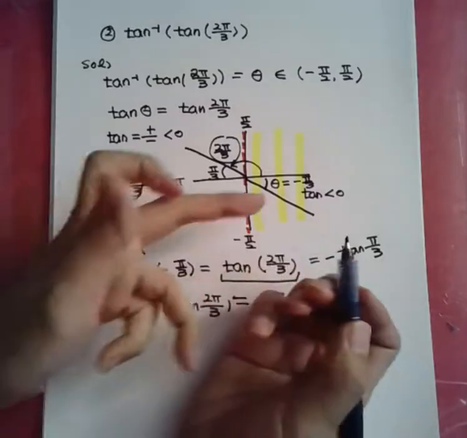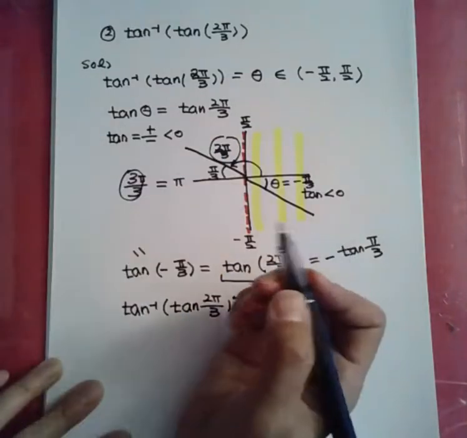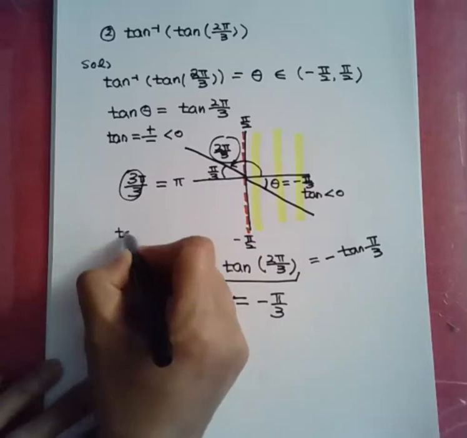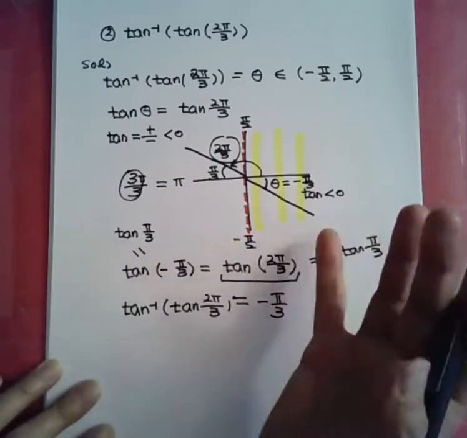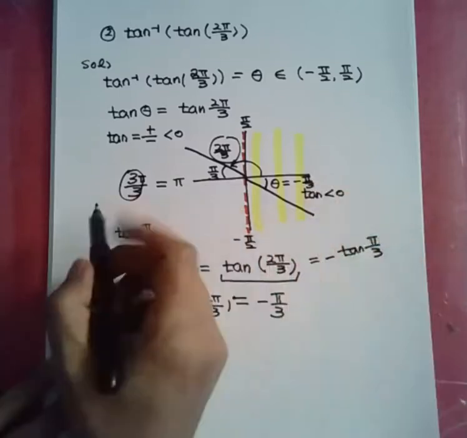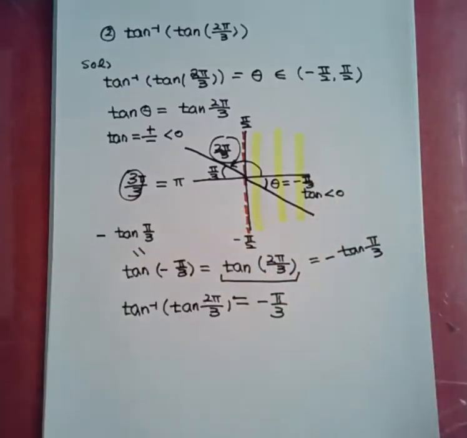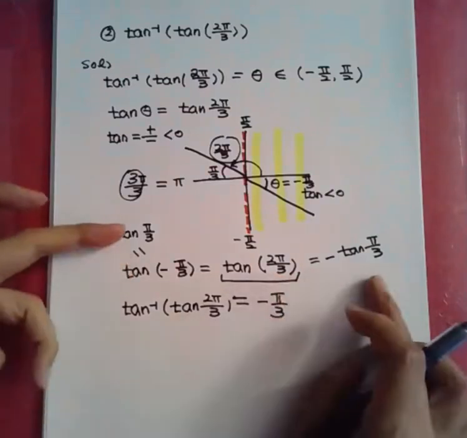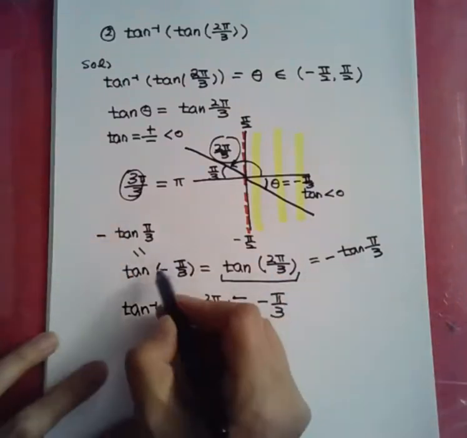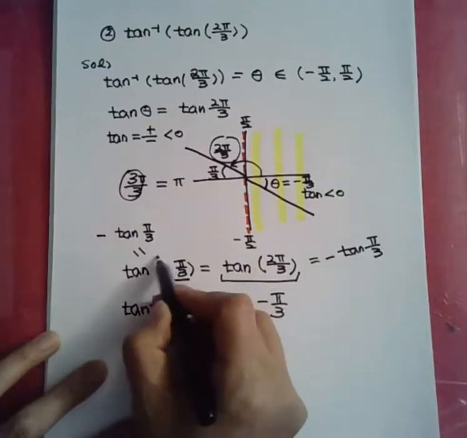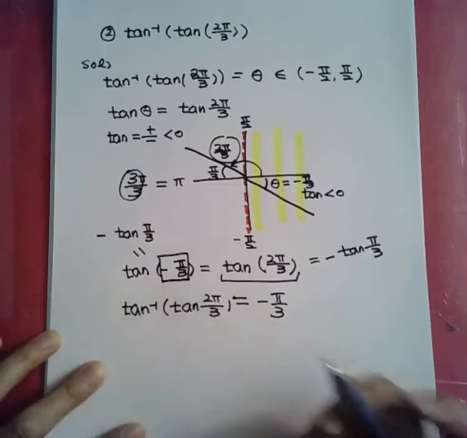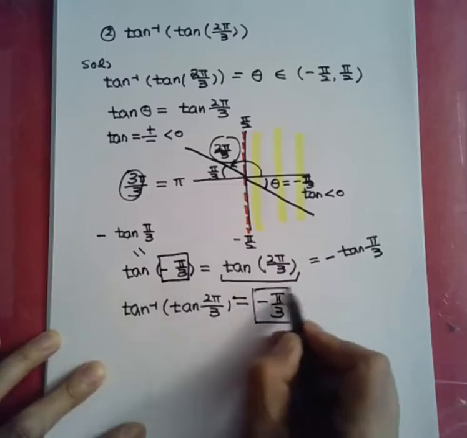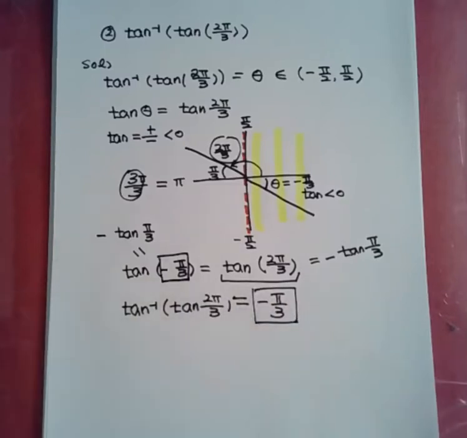The reference angle of minus pi over 3 gives tangent of pi over 3, but the tangent value in the fourth quadrant is negative, so we put a negative. So though the two values are the same, this angle is in the range of tangent inverse, so that became the answer.